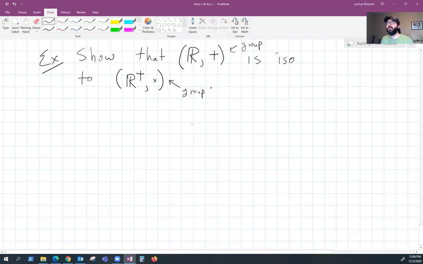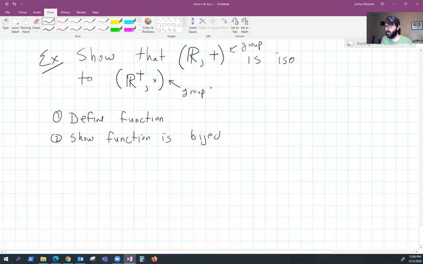I want to show that these two are isomorphic. And to show that you have an isomorphism, first of all, you have to define a function between them. Second, you have to show the function is bijective, and third, you have to show the function is a homomorphism of groups, okay?